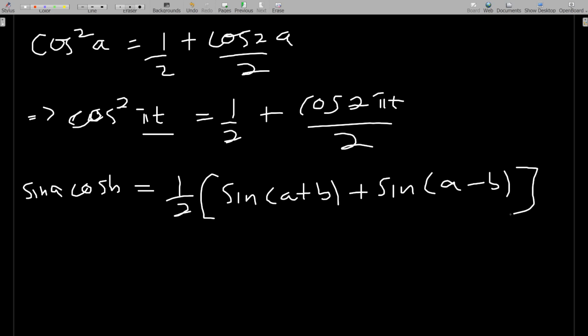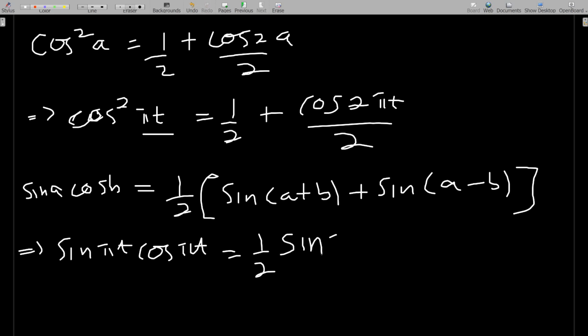So sine pi t cos pi t is half sine of 2 pi t, because pi t minus pi t gives 0, and sine 0 is also 0. So my whole integration will change to a simple one.